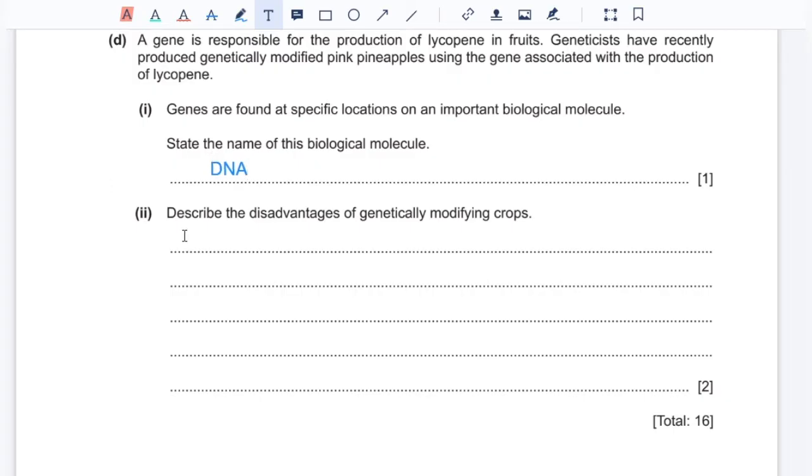To describe the disadvantages of genetically modifying crops, well, some of the disadvantages include the fact that these crops can have adverse effects on human health, and another disadvantage is that the pollen of these modified crops can contaminate nearby crops that are marketed as organic, and so those will be contaminated. Those will not remain organic, which the consumer will believe that they are.